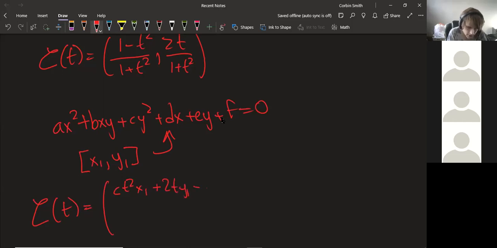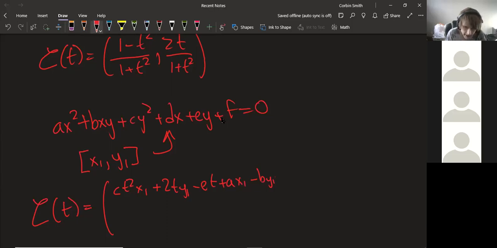Let's see, so et plus ax1 minus by1, I'll move that x1 down so it's easier to read.